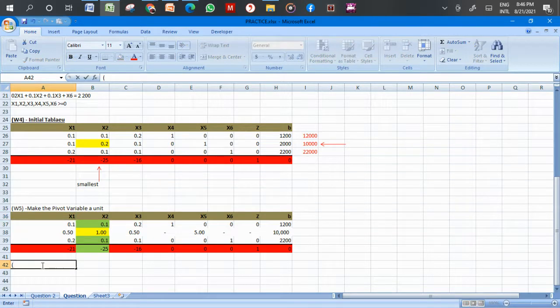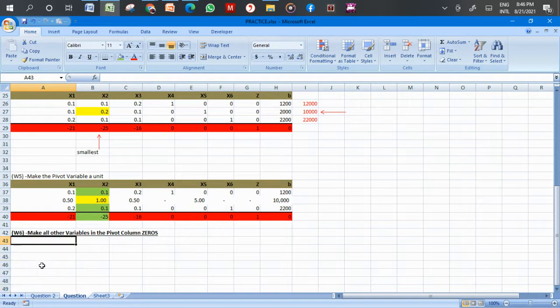Let's name it working number 6, and we say make all other variables in the pivot column zeros. So we want to make everything else a 0.